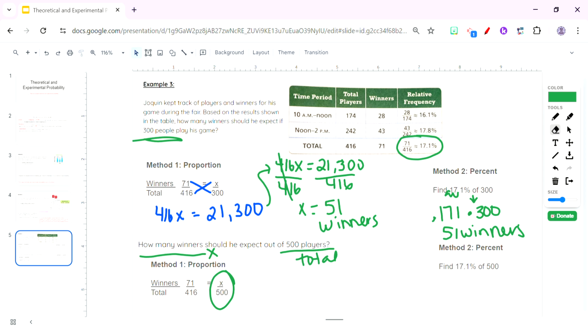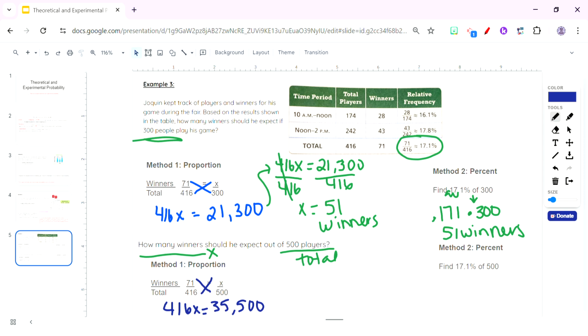Okay, and now we can go ahead and solve this proportion. So we would do 71 times 500, which gets us 35,500. Okay, and then you would also do 416x.